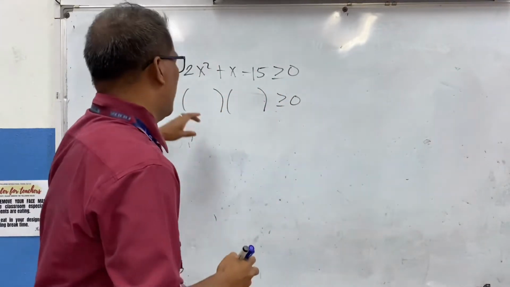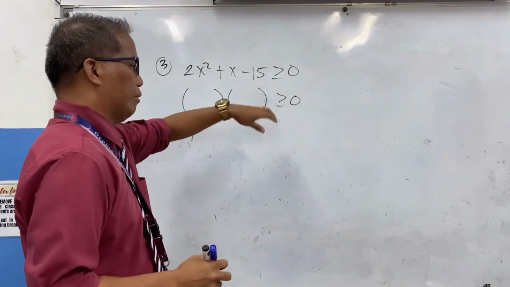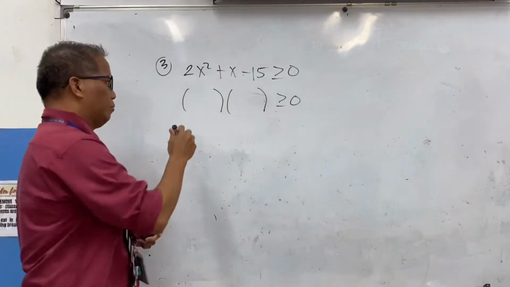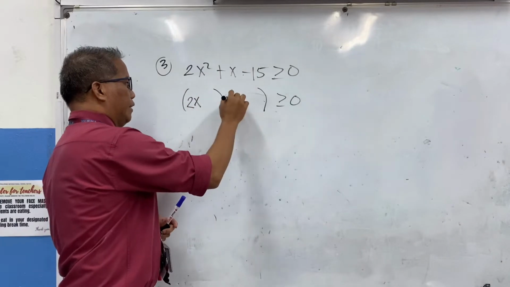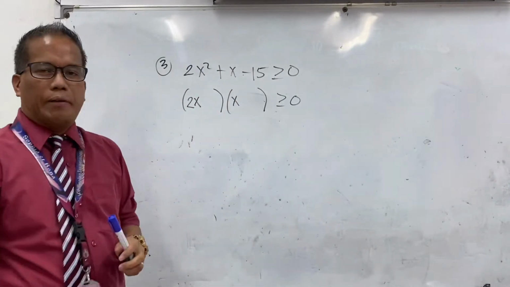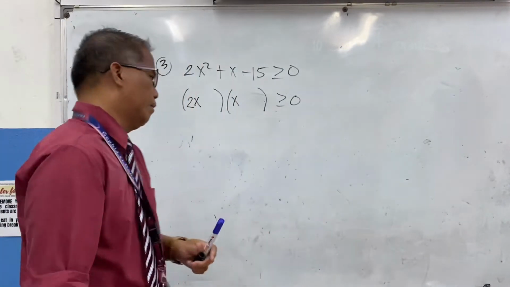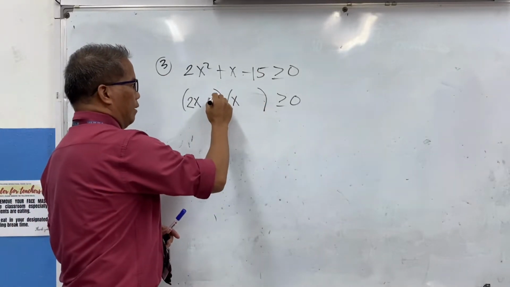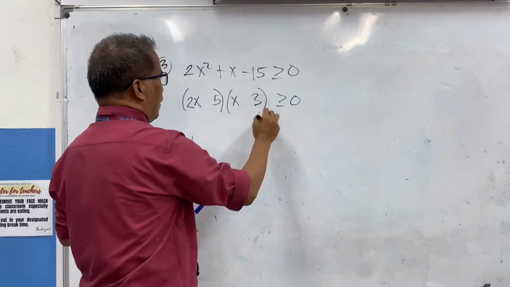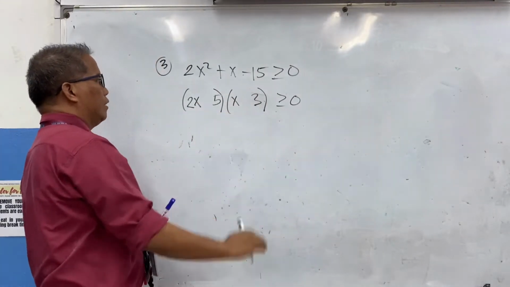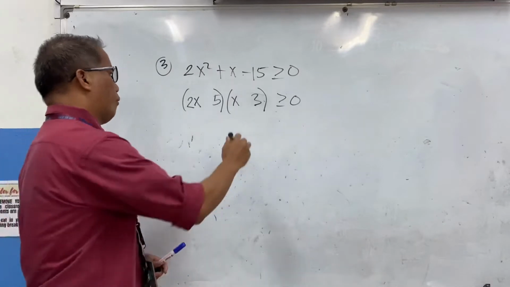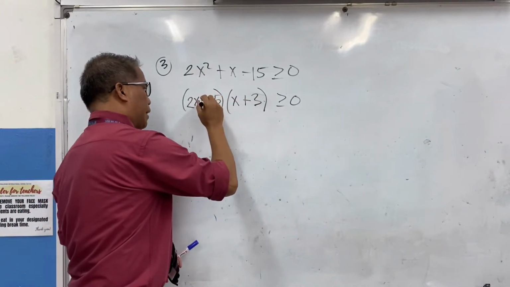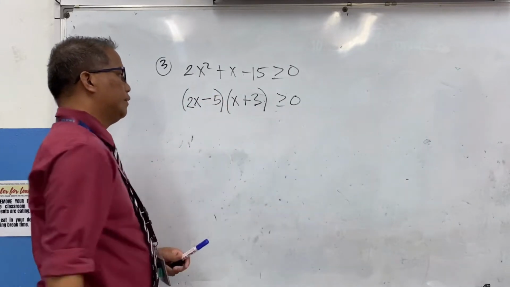So the factors of 2x squared plus x minus 15. Let's start with the first term, 2x squared. Factors of 2x squared, we have 2x and x. Then factors of negative 15, just take the factors of 15, we have 5 and 3. Then assign the operations here. Since the middle term is positive, we will put plus here, then minus here, subtraction.